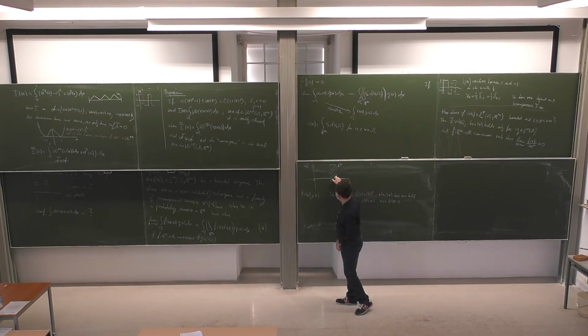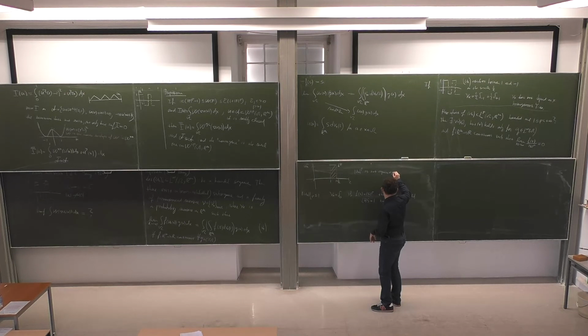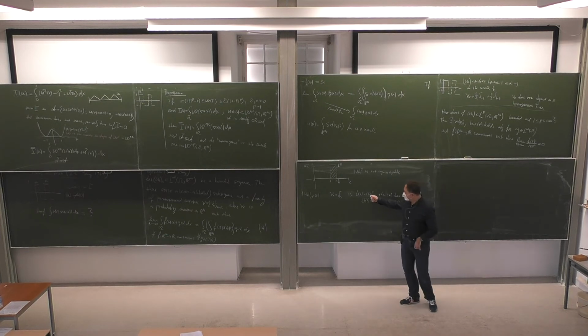The point is that this sequence, u_k to the power p, is not equi-integrable. We need some restriction on f, because this is still in L^1, but the result doesn't hold. So we cannot take this f. This is just to show that this f is not allowed.